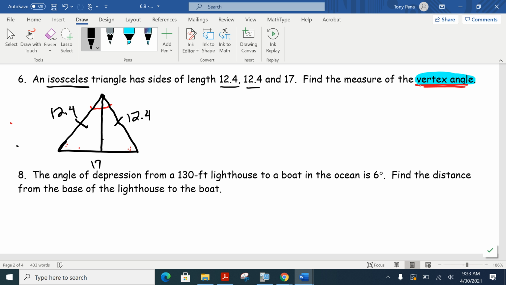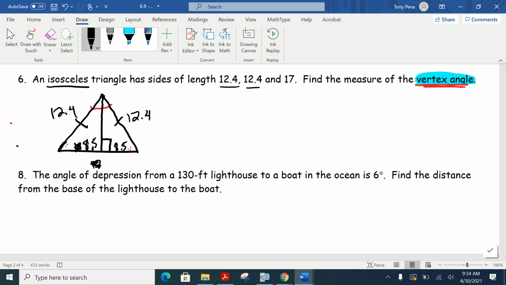In an isosceles triangle, that really is a perpendicular bisector. So if it is a perpendicular bisector, that means these are 90-degree angles, which is good. It also means it takes this 17 and cuts it in half so that this length is 8.5 and this length is 8.5, so that altogether that base is still 17.